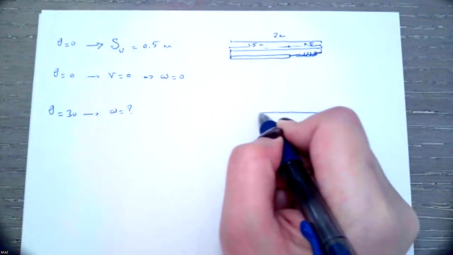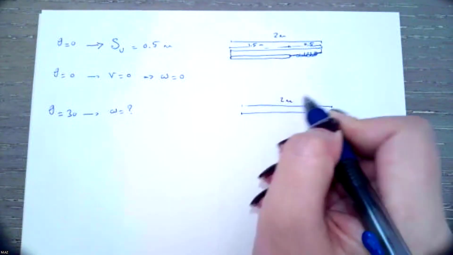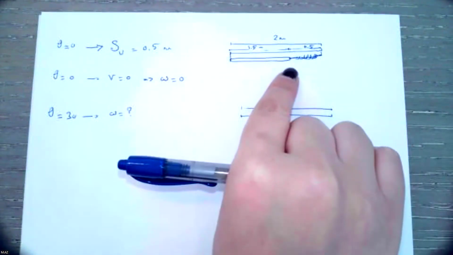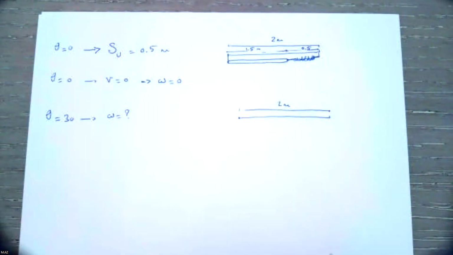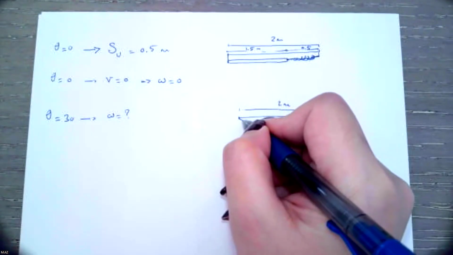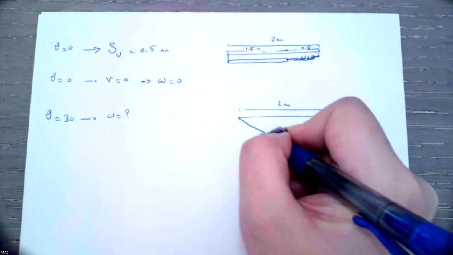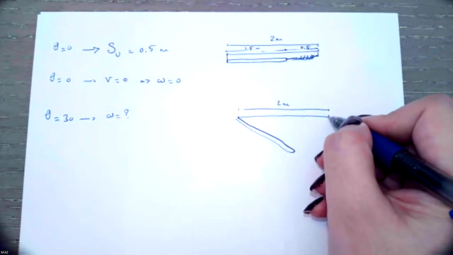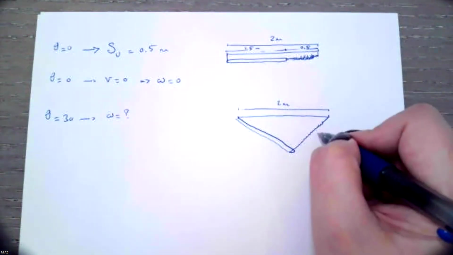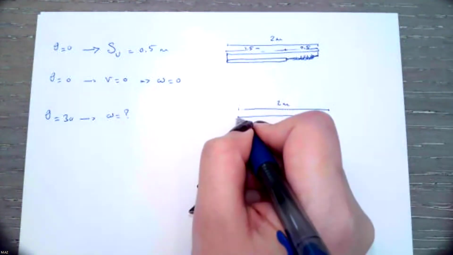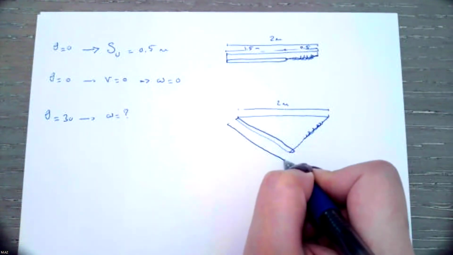The whole length is 2 meters. Once the rod makes a 30-degree angle, the spring will be stretched. This is the spring, and this is the length of the rod.